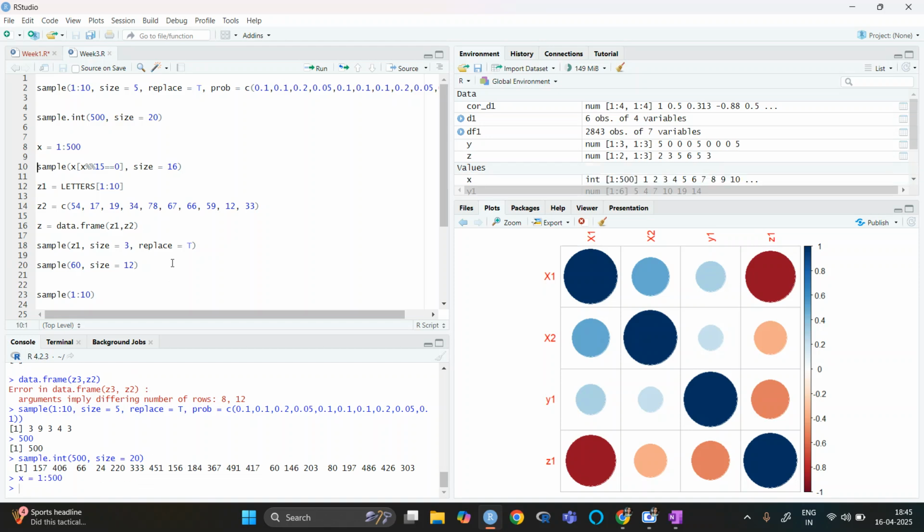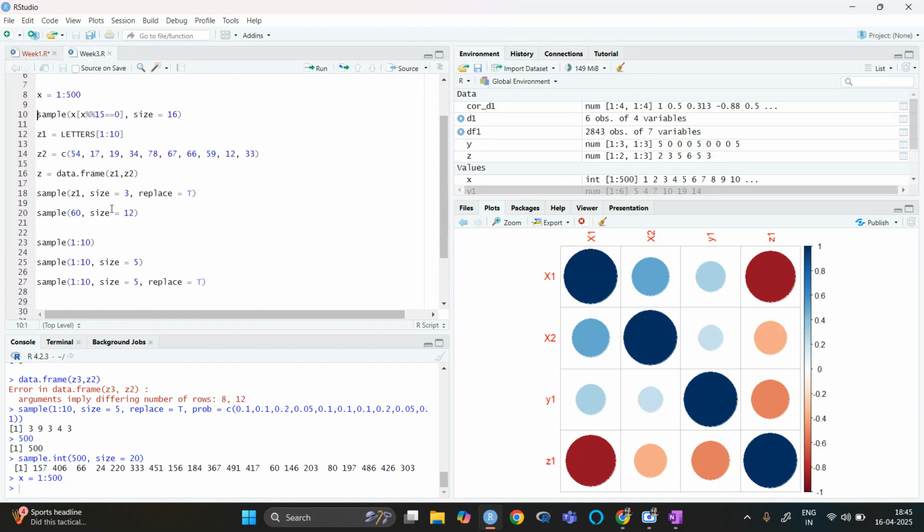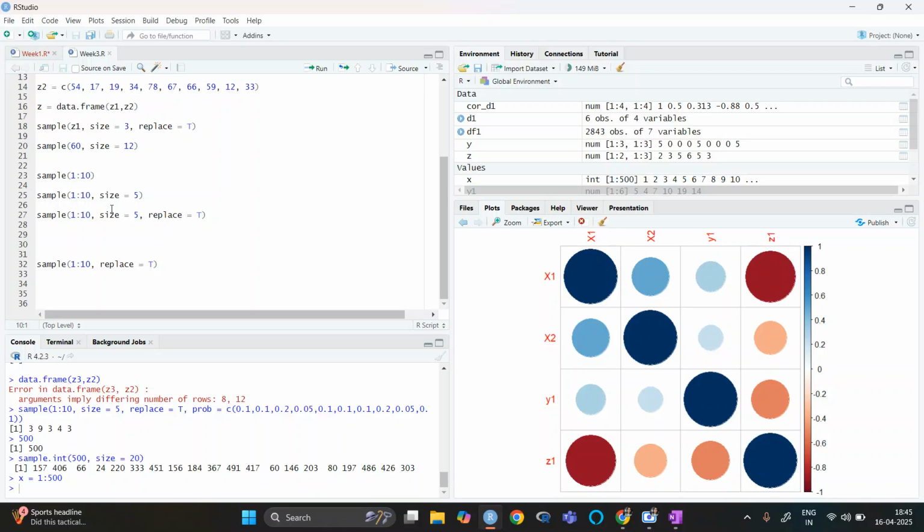Now you can perform a lot of operations, and then you can take different kinds of samples. You can go through the previous slides. These are basically regarding the samples.